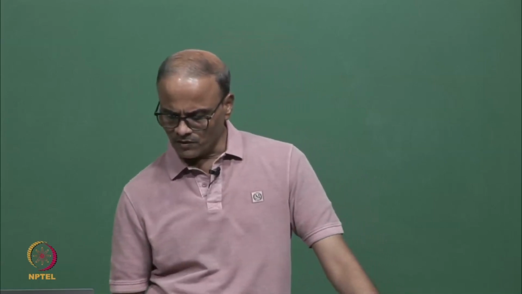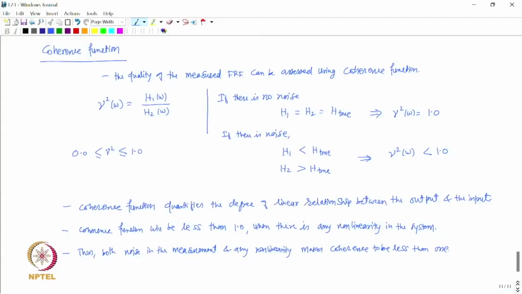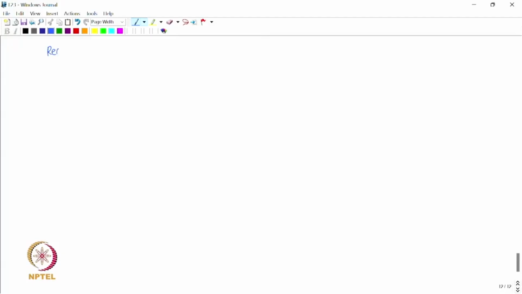There are a few more checks that can be done to assess the quality of the measured FRF. One such consideration is reciprocity. We know that for a linear system, due to reciprocity, we have studied earlier that the FRF alpha jk, the FRF due to response at the jth degree of freedom and the excitation applied at the kth degree of freedom, is equal to FRF alpha kj, which is the FRF based on the response at the kth degree of freedom and the excitation at the jth degree of freedom.